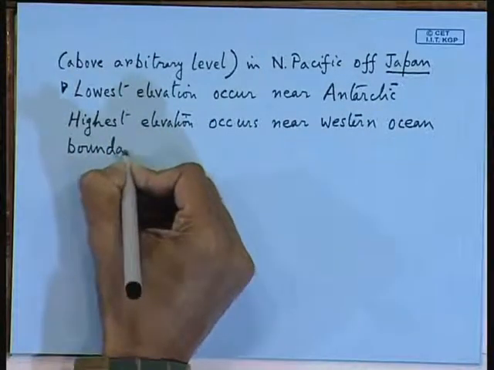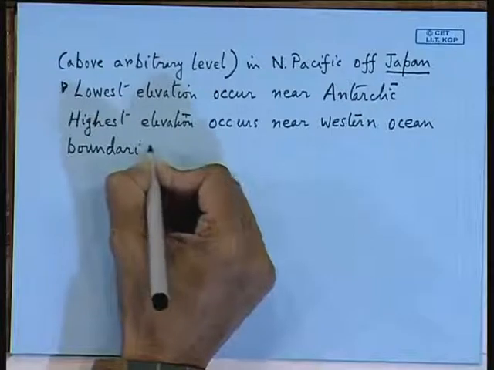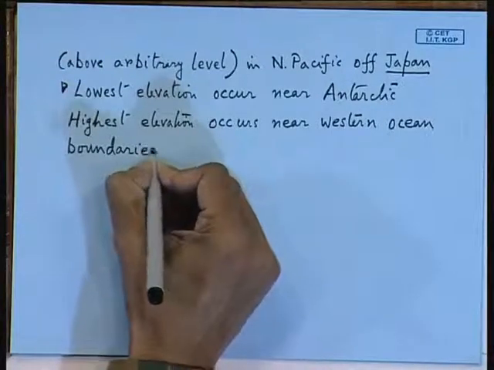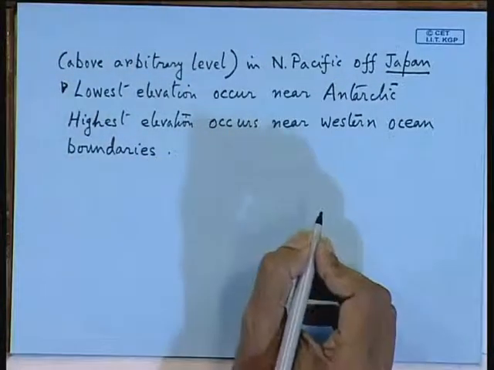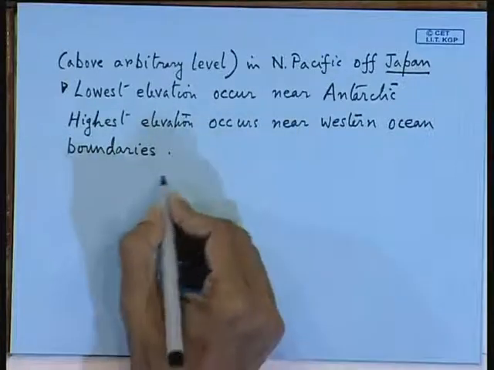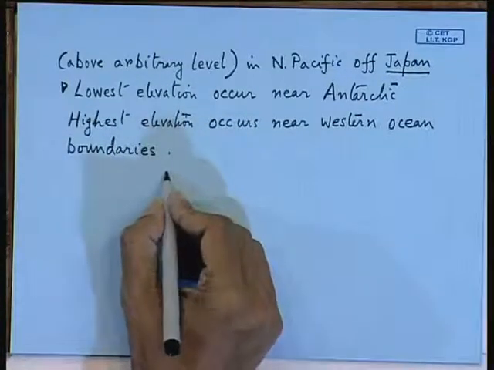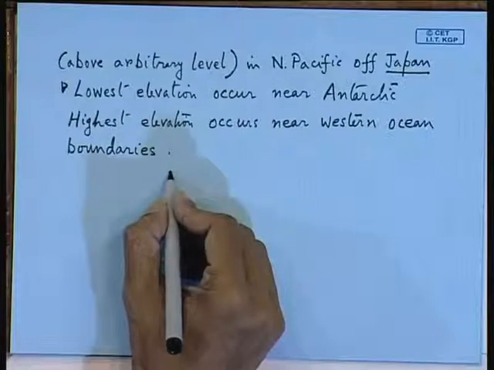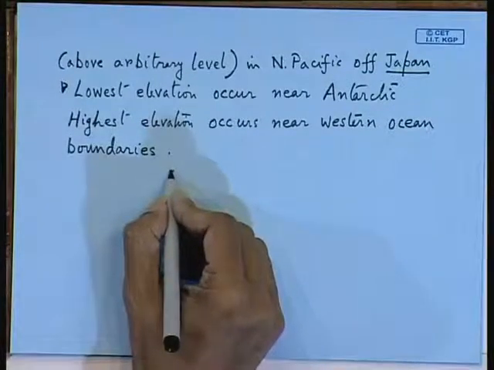So Japan is towards the west of the Pacific. So boundary is land. Now if you look at the mechanics, you will find this low hill of water.